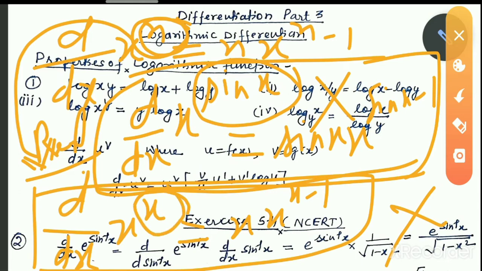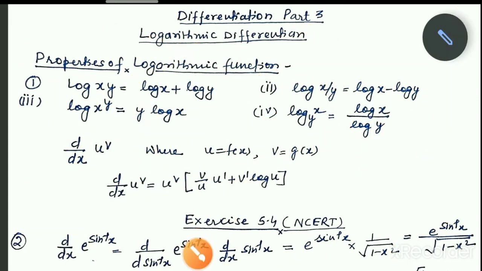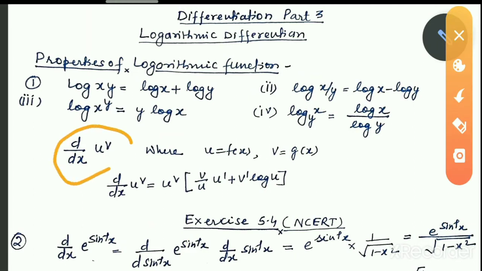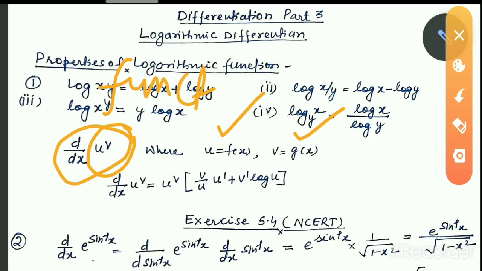It means this is the case of a function raised to the power of a function, like u to the power v, where u is a function, let us assume it is f(x), and v is another function, let us assume it is g(x). Then how do we find the derivative of u to the power v?